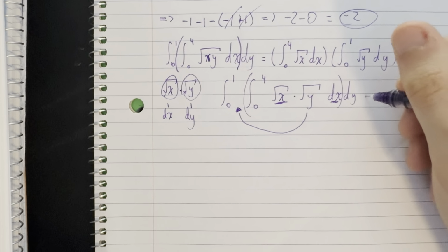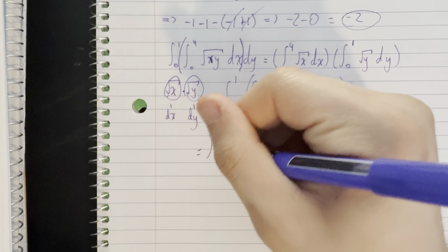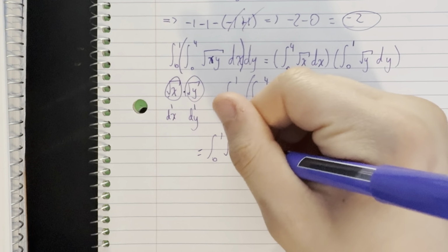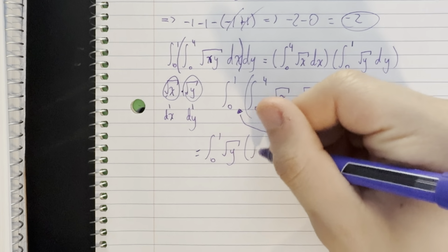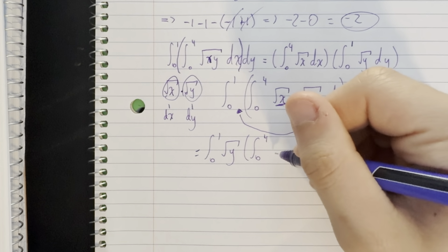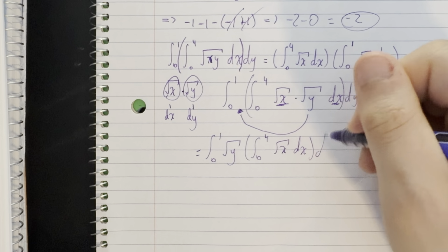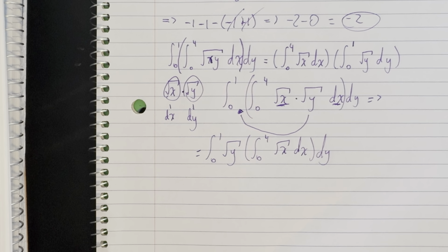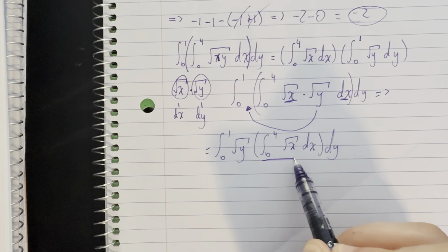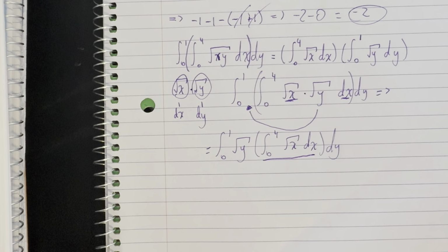Then it's going to be 0 to 1 root of y times the integral of 0 to 4 root x dx dy. Now what are you going to get out of the inner integral? A constant, right?